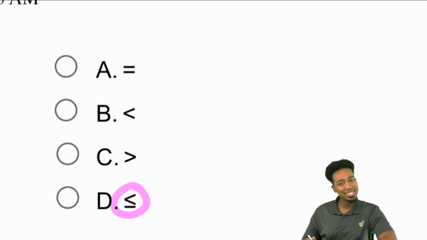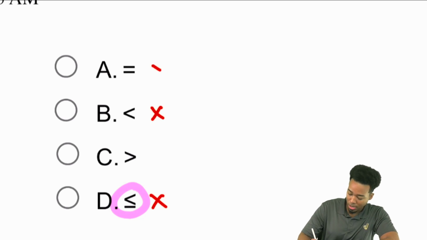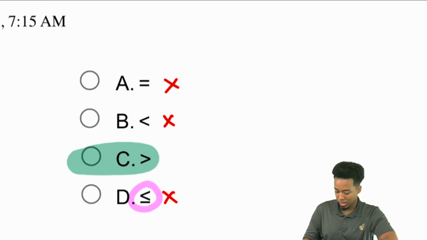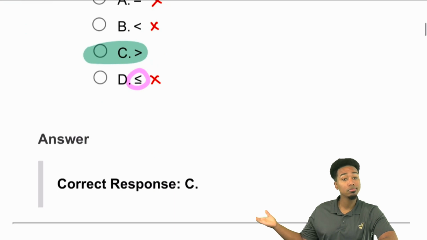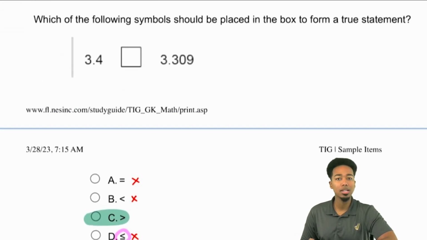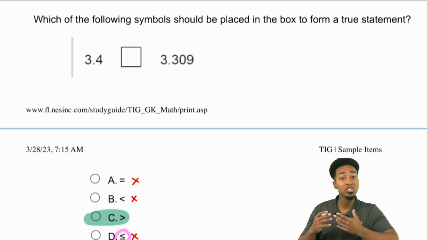And so with that said, if it's less than or equal to, that means it cannot be B or A. The answer automatically is C. And if you take a look here, C. I didn't even have to look at the numbers simply because, again, this is a flawed question. If you use some logic and reasoning here, you can tell what the correct answer is without doing any comparisons at all.